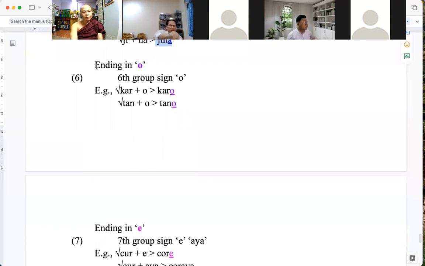And then the vowel base ending in o. That is related to the sixth group sign. So the sixth group sign is o. The root kar, when o is added, we have the karo base, to do or to make.